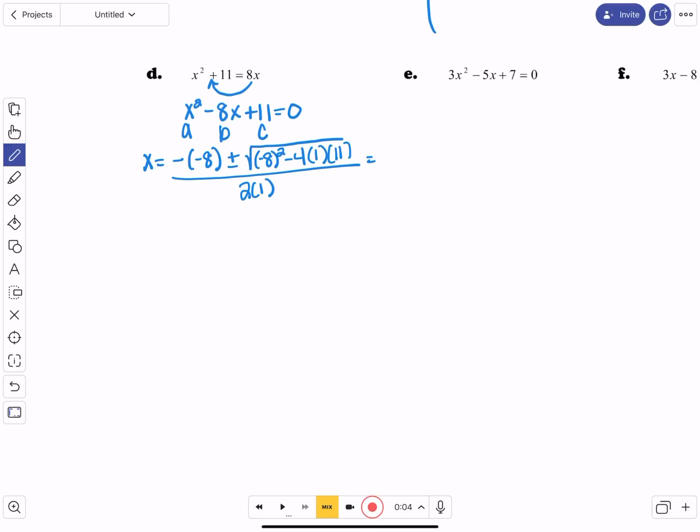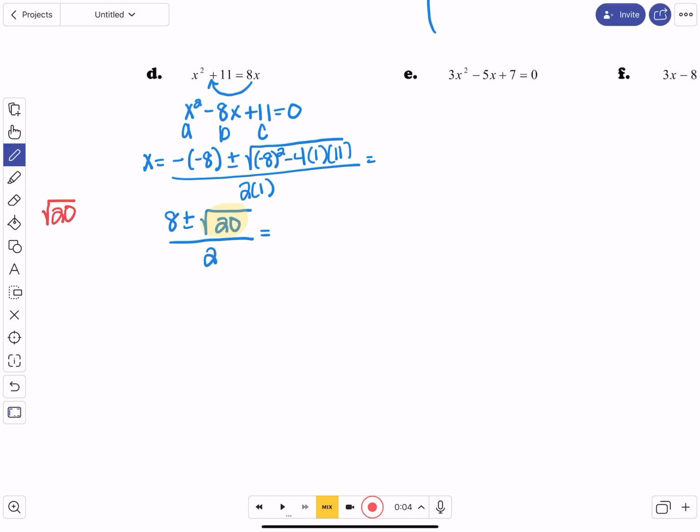Okay, if we simplify, the double negatives mean the 8 is going to be positive. If I do what's inside the radical, I'm going to get 20. Okay, so I've got to simplify. I'm going to simplify the square root of 20. I'm going to go over here to the side and break down the square root of 20.